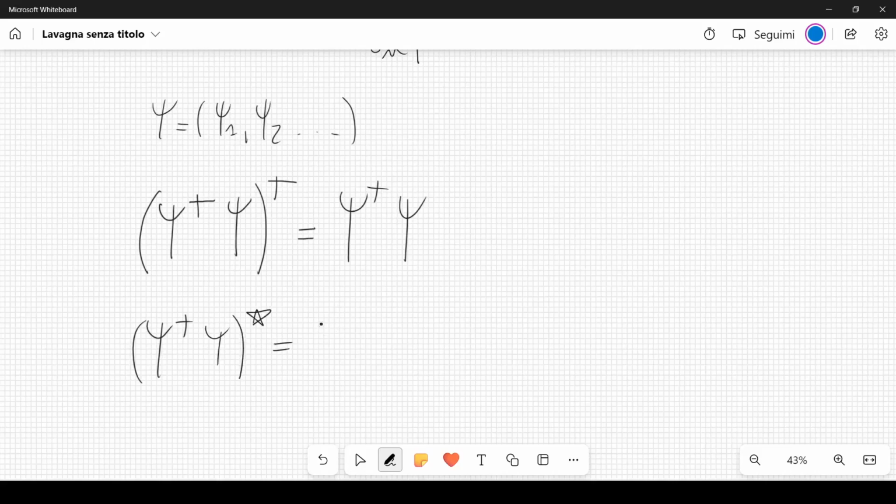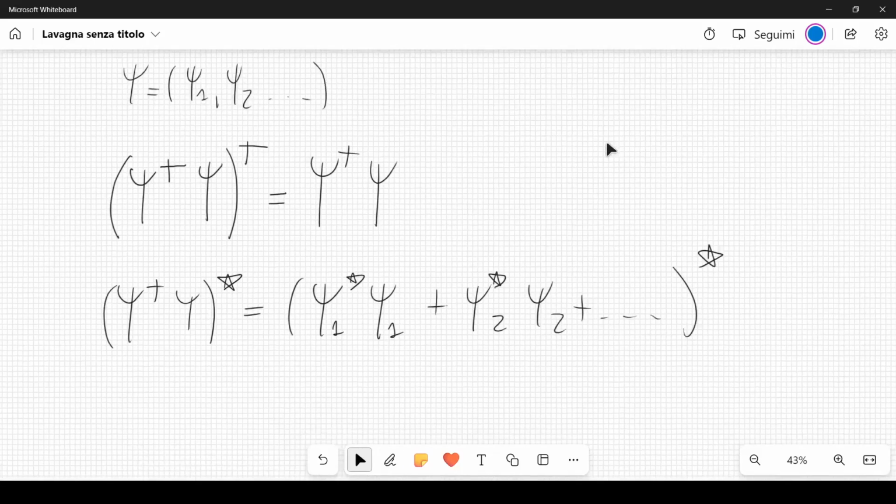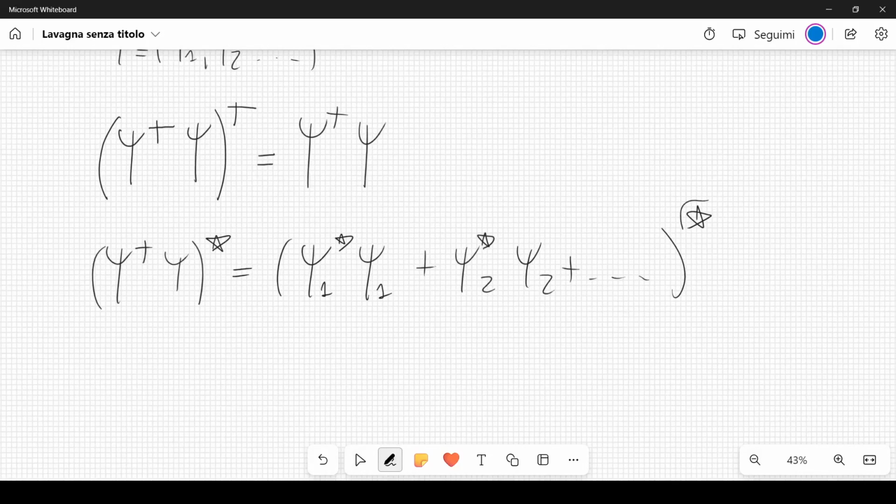you get the same thing, because this means that we are going to consider psi 1 star psi 1 plus psi 2 star psi 2 plus dot dot dot. And when you take the complex conjugate of this, you are going to get the same thing, because this psi 1 can also be put here.